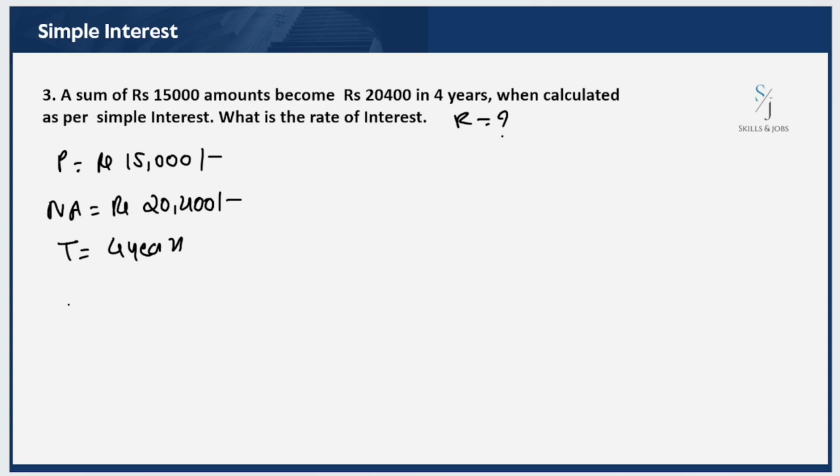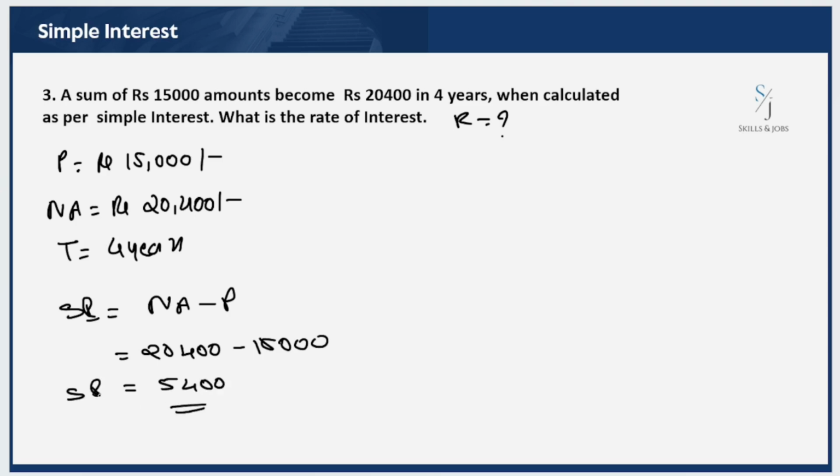First we need to find out what the simple interest is. Simple interest is equal to new amount minus principal amount. That will be 20,400 minus 15,000, which comes to 5,400. So we have the simple interest with us. Now use the formula: simple interest is equal to P into R into T by 100.